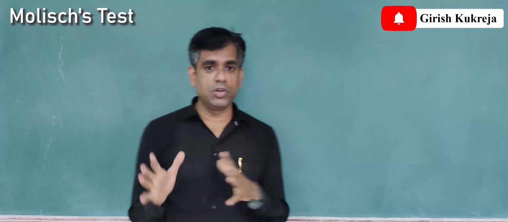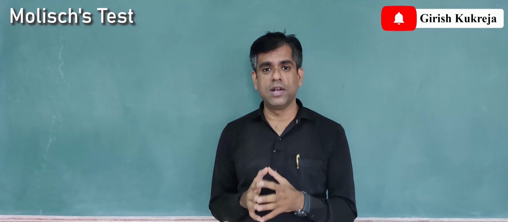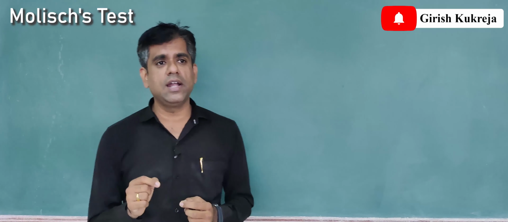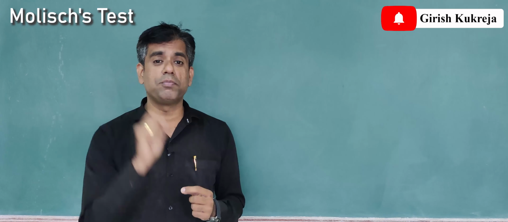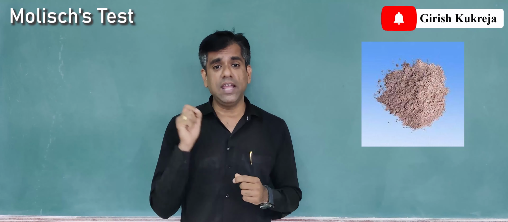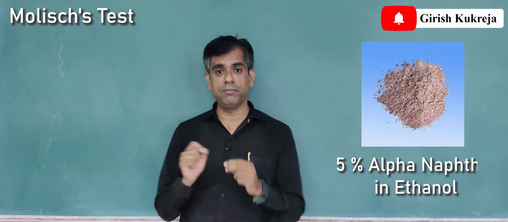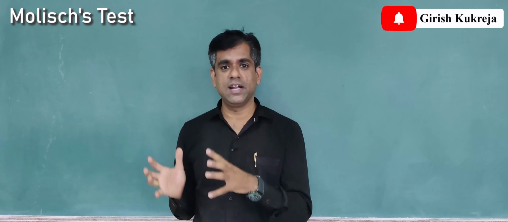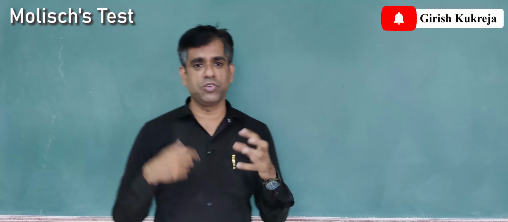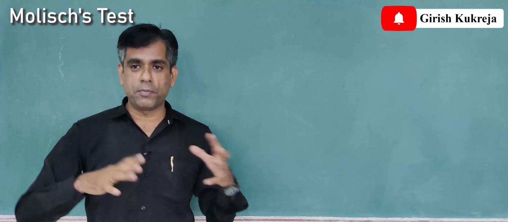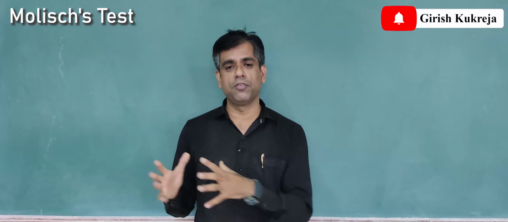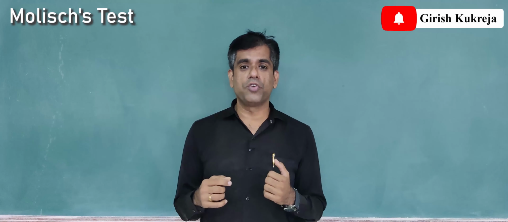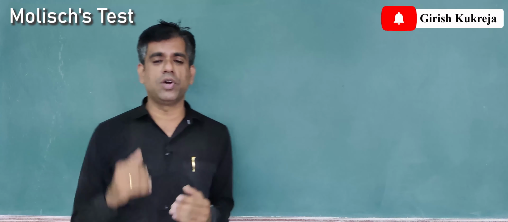Basically, to perform this Molisch's test you will require 5% alpha naphthol in ethanol, that is, 5% weight by volume of alpha naphthol in ethanol. How you will prepare it: you will take some 90 ml of ethanol, add 5 grams of alpha naphthol, and then make up the volume to 100 ml.